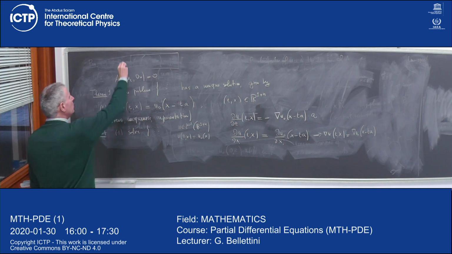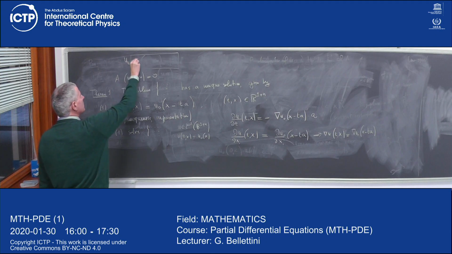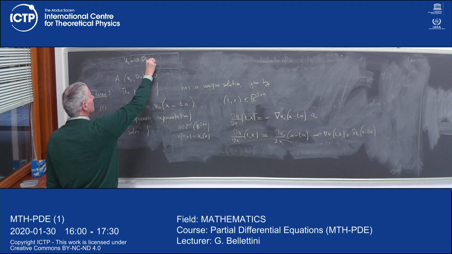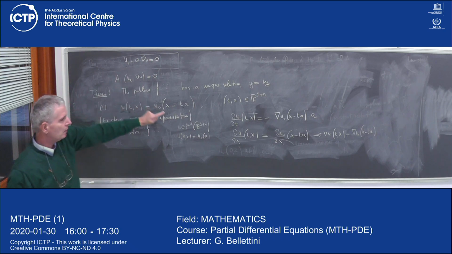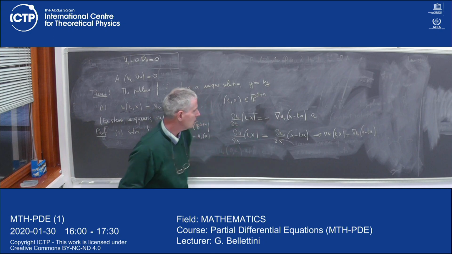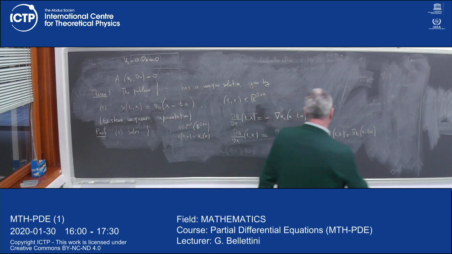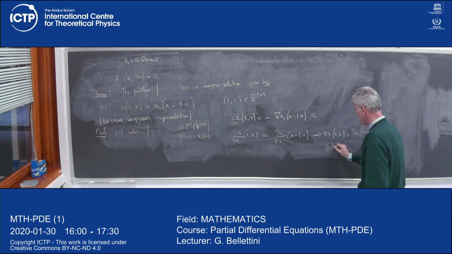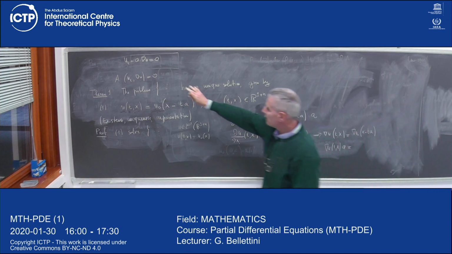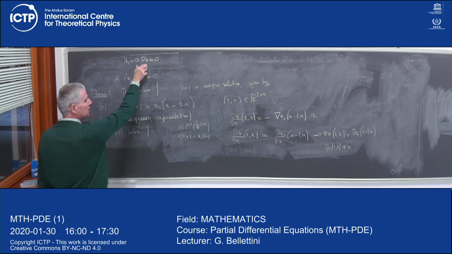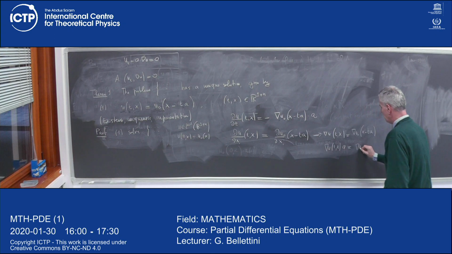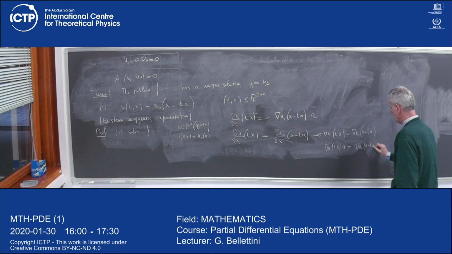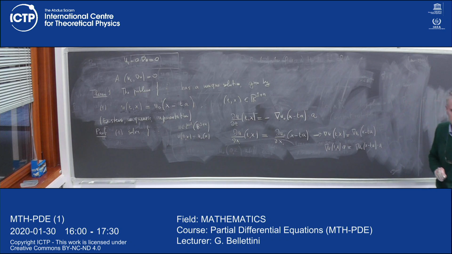Now, the PDE was the following: u_t plus a dot grad u equals 0. And now I immediately check that u_t is this minus. And if I compute now the scalar product of this term and this term here, then this is equal clearly to grad u0 times a.